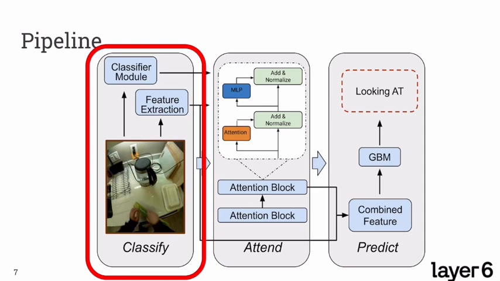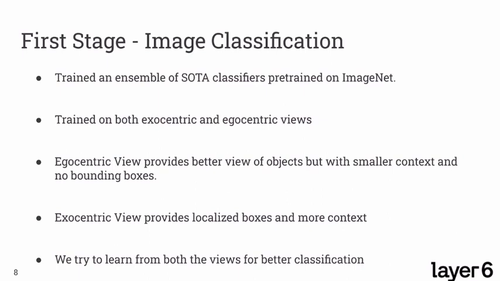Now we describe the details of the first stage. We follow the existing literature in object classification to predict labels for objects in both the egocentric view and the exocentric view. This is important because each view has its own pros and cons.